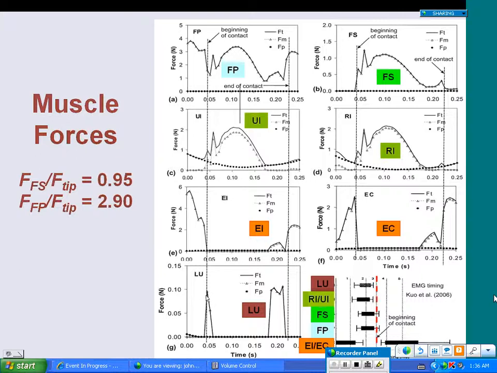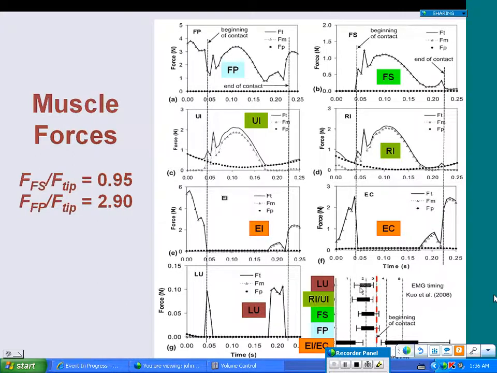See, the force in this LU muscle could be considered negligible, in this small number. So we know an activated muscle does not necessarily carry load. So the simulations are not inconsistent with experimental data. So it's also pretty consistent with experimental data.